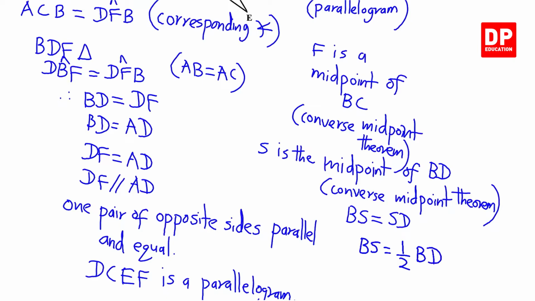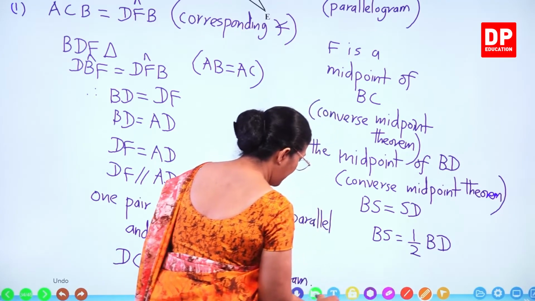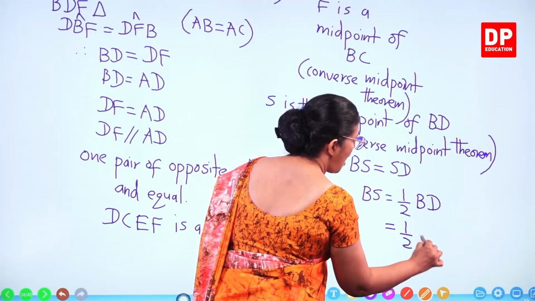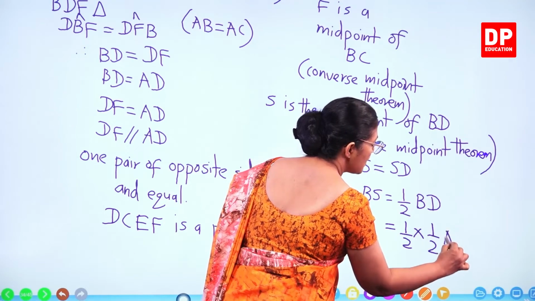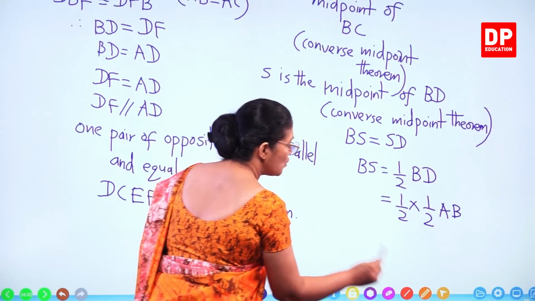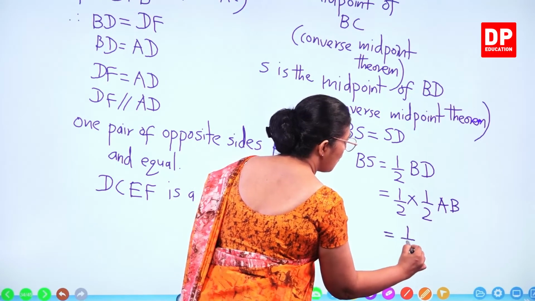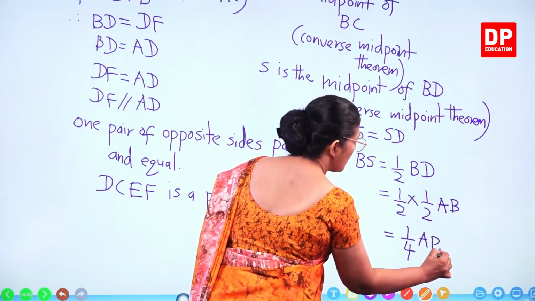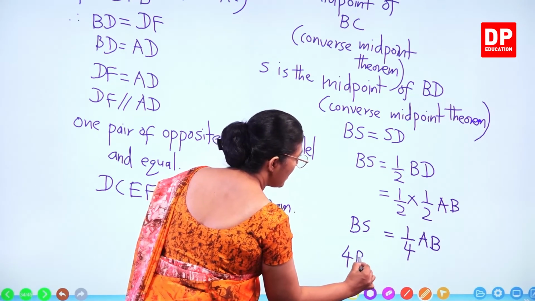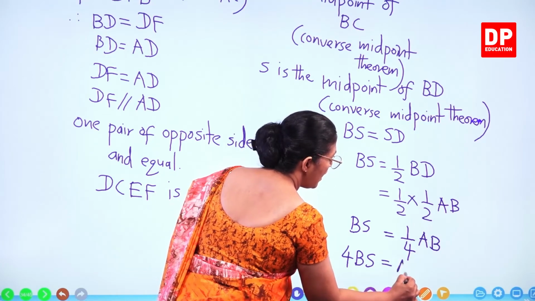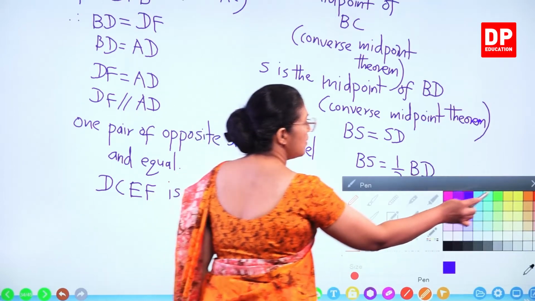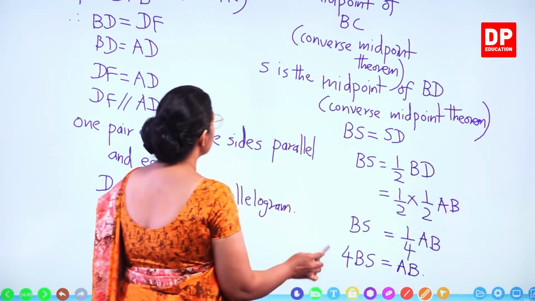But BD you can write, BD equals half of AB as well, because D is the midpoint. So when you simplify, you get half into half is 1/4. 1/4 AB equals BS. So when you cross multiply, you get 4BS is equal to AB. So that's the proof of the second part.